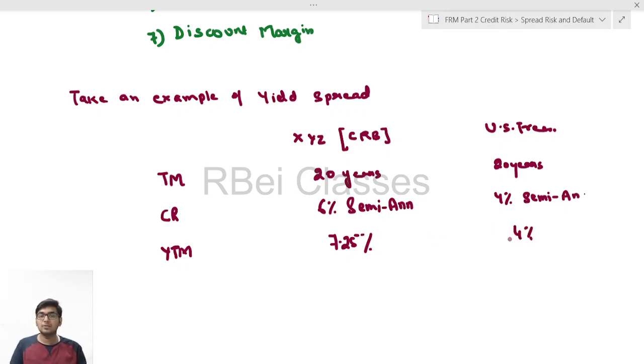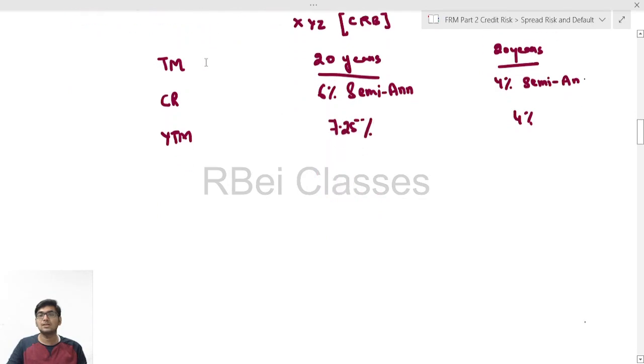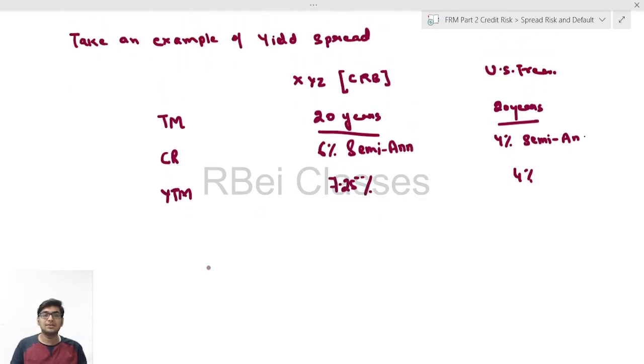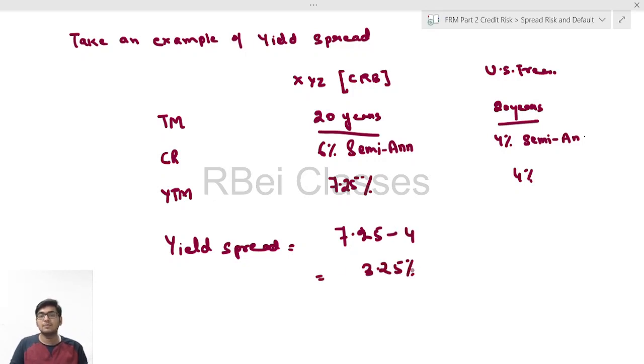So can you calculate the yield spread? First thing you need to check is the same maturity. So maturity is same. One is the risky bond, another one is the risk-free bond. In that case, the yield spread is equal to 7.25 minus 4, that is 3.25%.